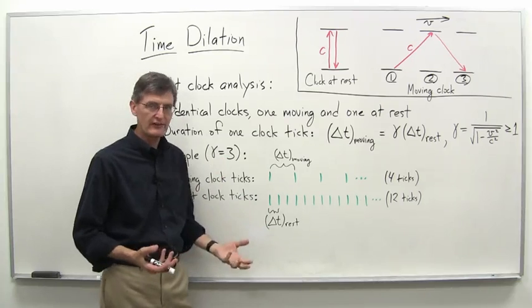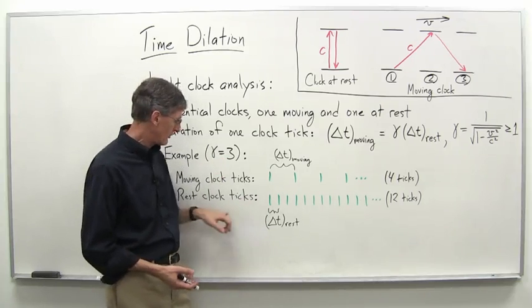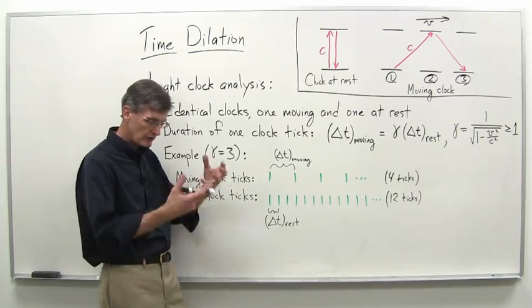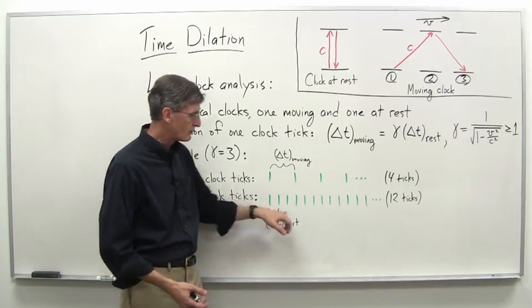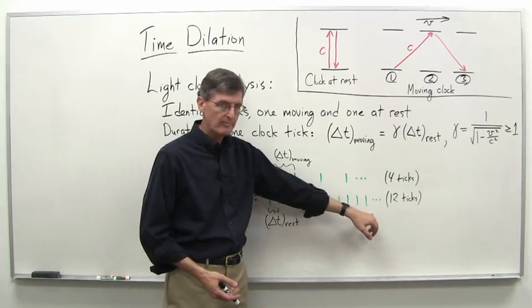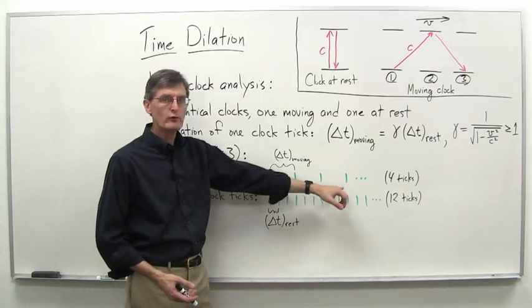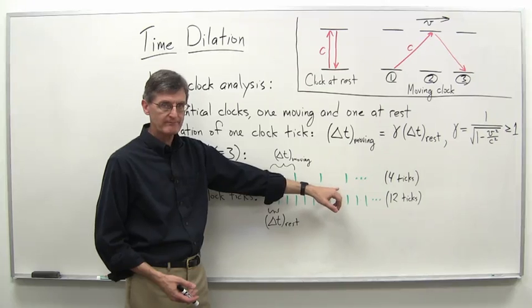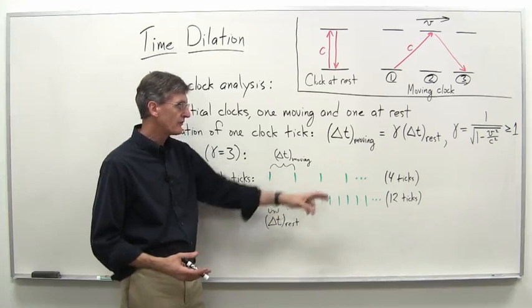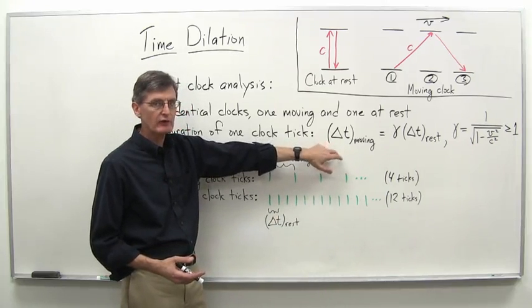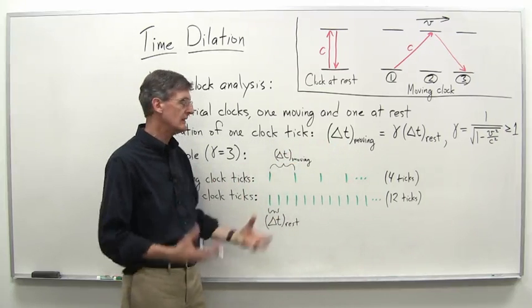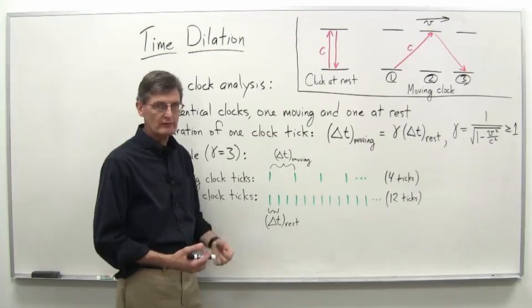Okay? It's a 3-to-1 ratio, again, because we're choosing gamma equals 3 here. So let's just say every tick is 1 second. So on the rest clock, his clock sitting right next to him, he's going to have 12 seconds elapse. The moving clock will only have 4 seconds elapse. Okay? And note that that means it's a slightly different equation than this, and it's really easy to get this switched around.